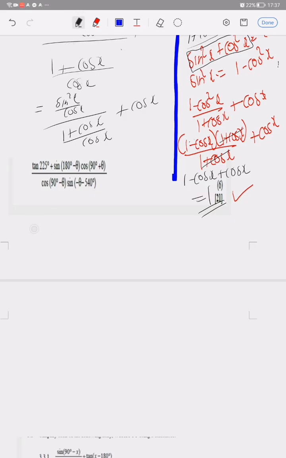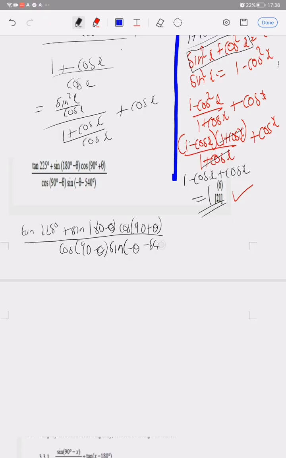We'll call it tan of, I'm just simplifying, this will be tan of 225 degrees plus sine of (180 minus theta) cos of (90 plus theta) over cos of (90 minus theta) sine of (negative theta minus 540). I love this question.